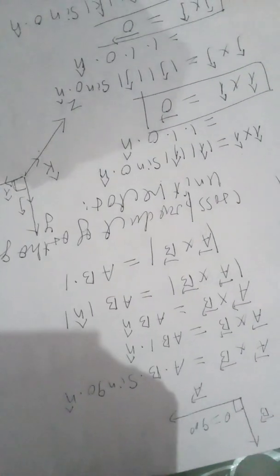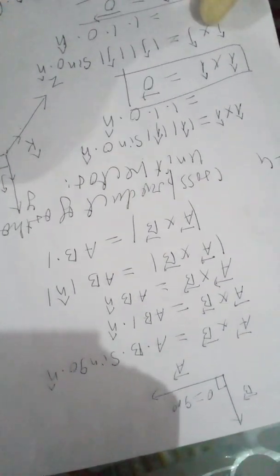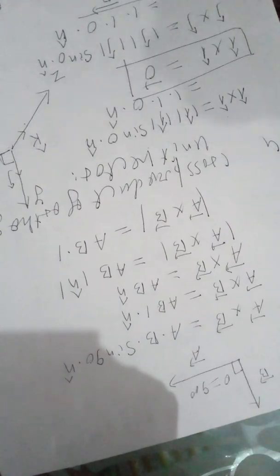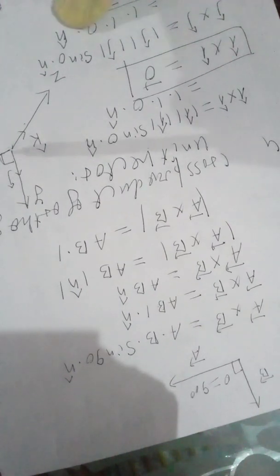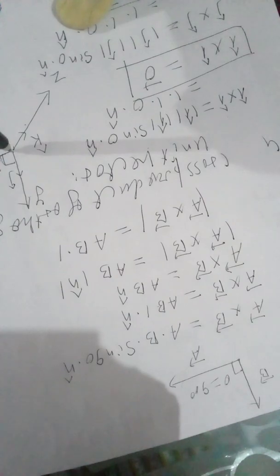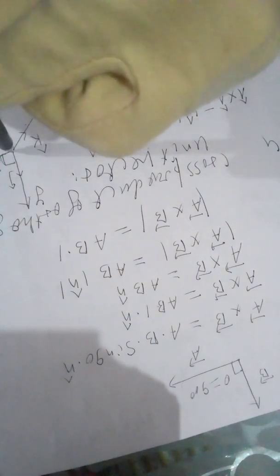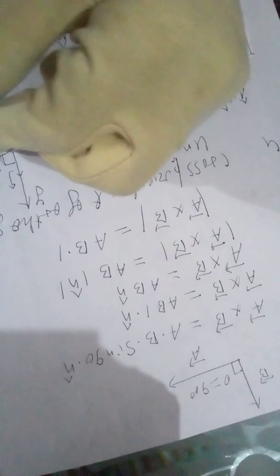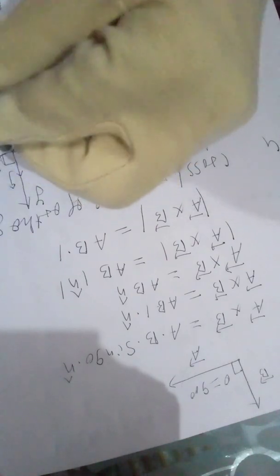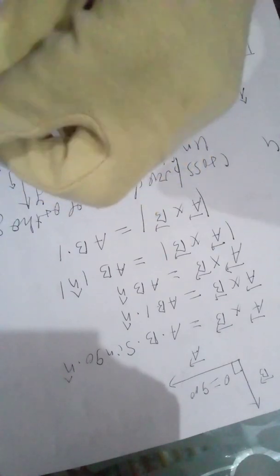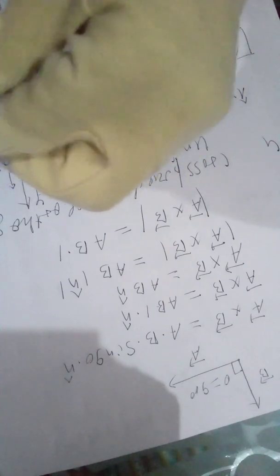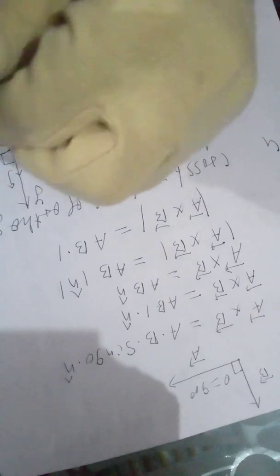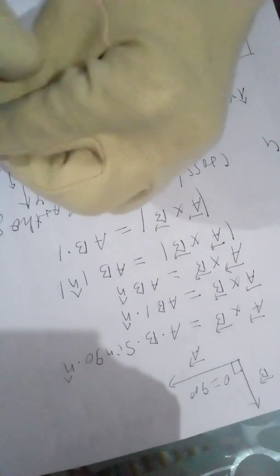The unit vector of i cross j lies perpendicular to the plane in which i and j lie. So i and j lie in the plane of the paper. So the direction of i cross j is perpendicular to the plane of the paper, decided by Maxwell's right hand screw rule. Rotate your screw from i to j. This rotation is anticlockwise. If the screw rotates anticlockwise, then the tip of the screw moves in the forward direction, upward. In the upward direction there is the z axis.